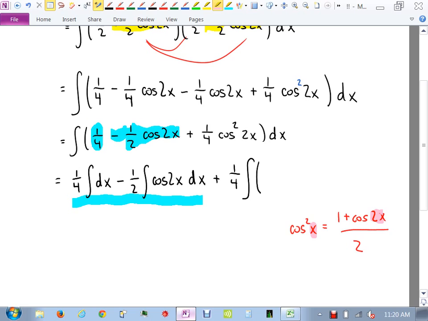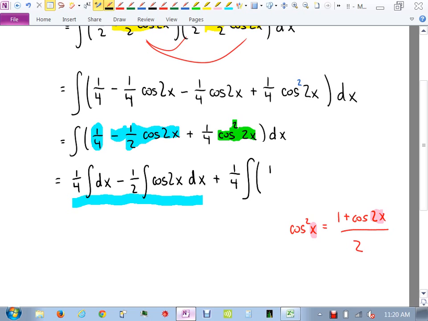So when I have my cosine squared 2x, I'm going to be able to pull the power down, but I have to double the angle. So the angle is going to become a what? A 4x. I'm doubling a 2x. That's a subtlety. You got it?